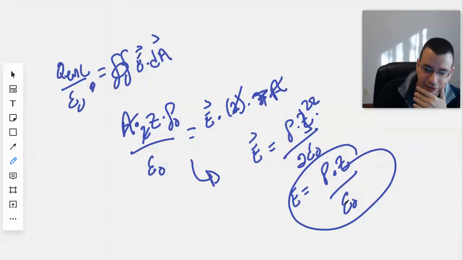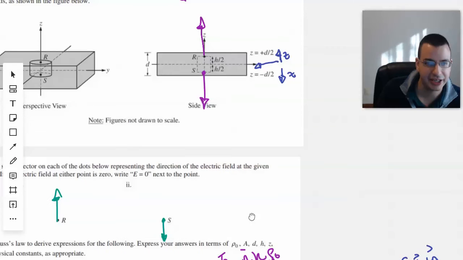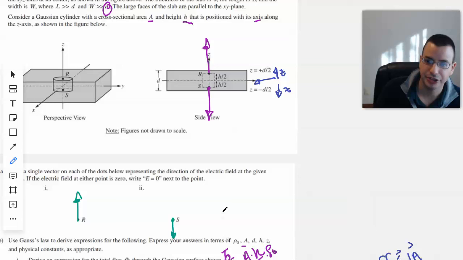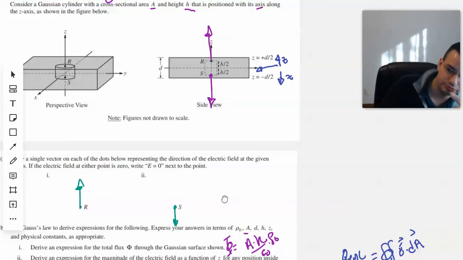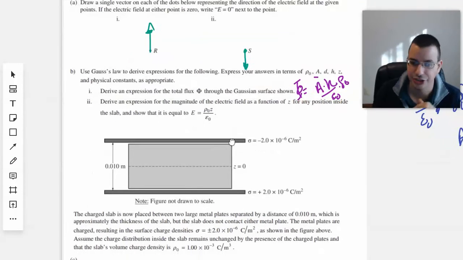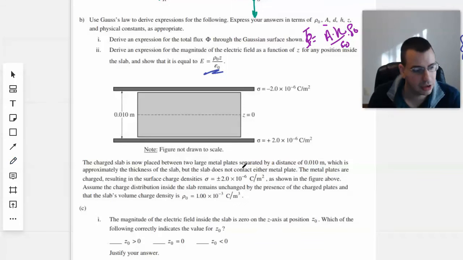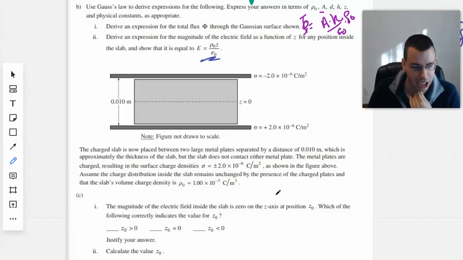So we have the electric field is rho naught times Z over epsilon naught, which is what we wanted. And the trick there was that from the top to the bottom, it's going to be two Z's as opposed to just the one H. Okay, proven. All right, so now we got this slab.